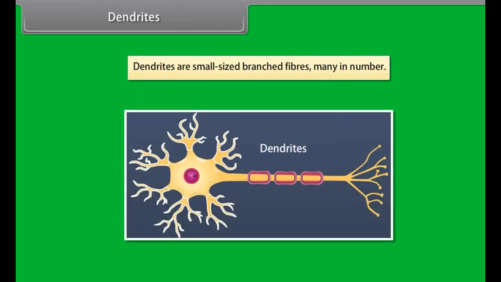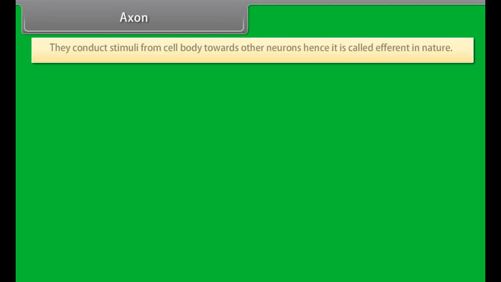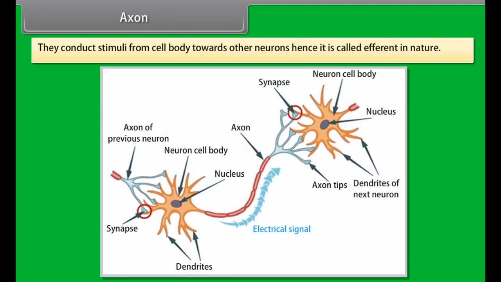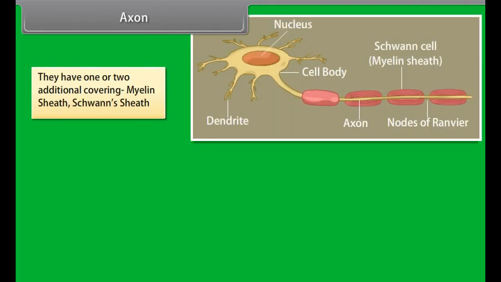It has a granular cytoplasm called neuroplasm, which is enclosed by a cell membrane called neurolemma. It also has a large, spherical, centric nucleus with a nucleolus. It has all cell organelles like mitochondria, Golgi bodies, lysosomes, ribosomes, etc. It also has a number of small-sized granules, Nissl's granules, which help in protein synthesis.